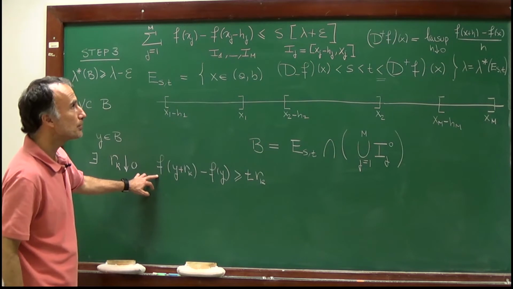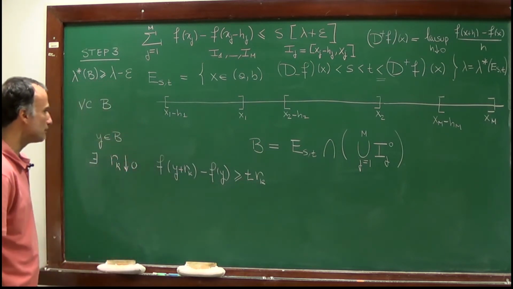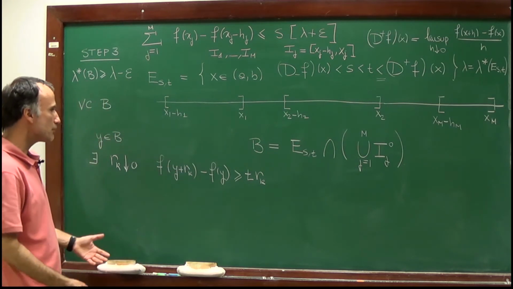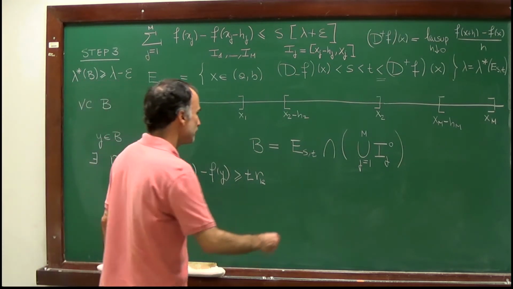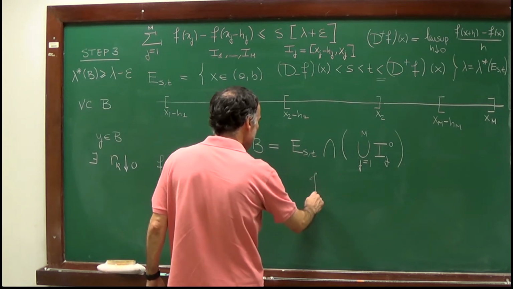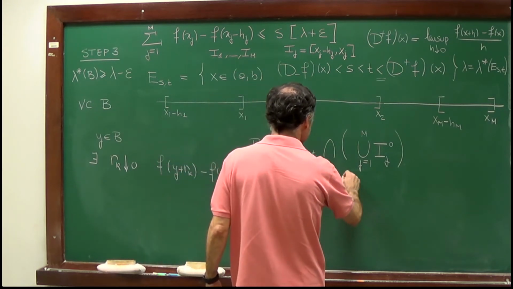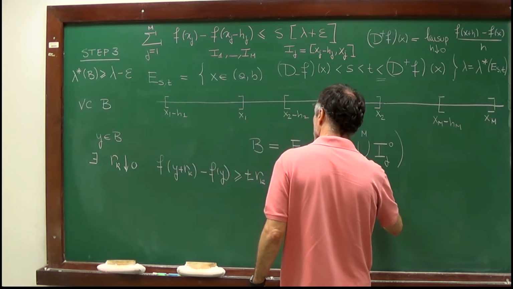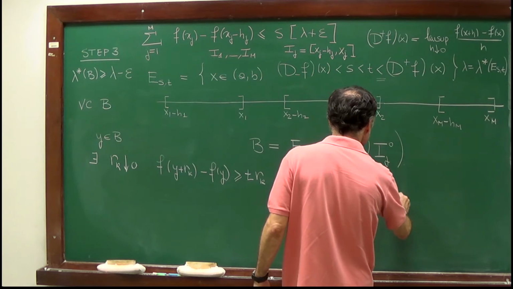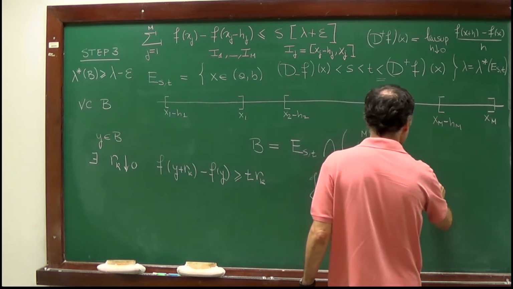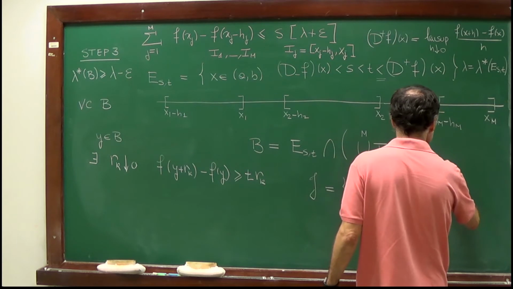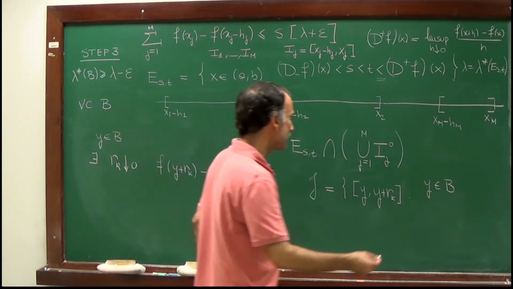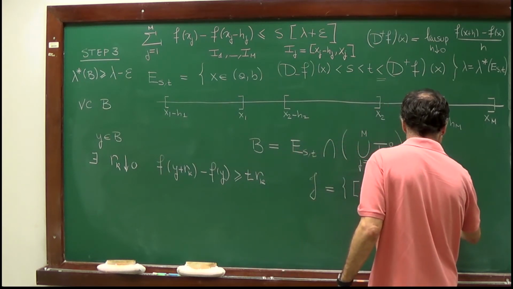Right? Because the limit sup is larger than t. And this will be the intervals of my Vitali covering of B. So let me call J the intervals of type y plus r_k, such that y belongs to my set B, and for which r_k is this sequence converging to 0.